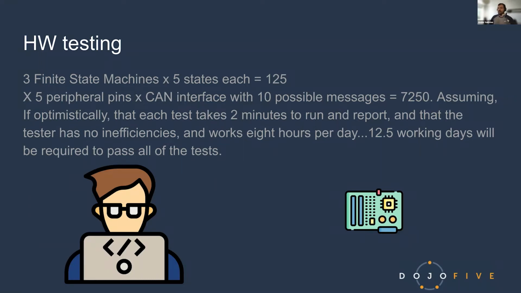And if each one takes you around 2 minutes, and that's really optimistic because when you are working with peripherals, the peripheral doesn't work correctly, or you need to make sure that you have configured the interface correctly, and it takes way longer. But if it takes just 2 minutes, then you have 12.5 days of an engineer just working to test this.